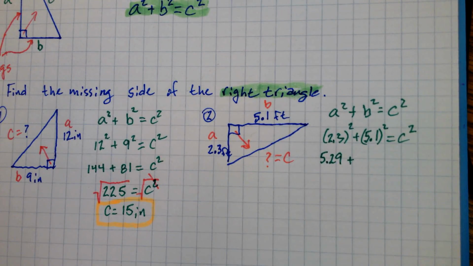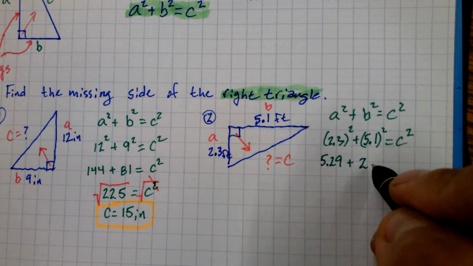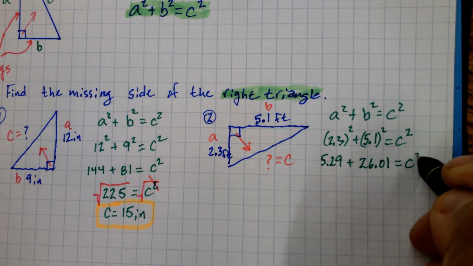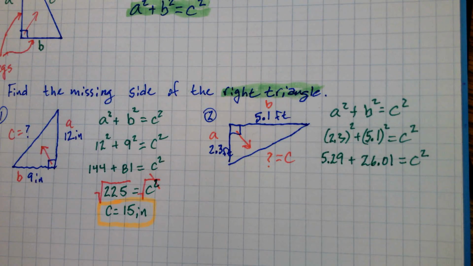And 5.1, let's square that. Okay. So that's what we get now. We got to add up our values, and that's what, 31.3?